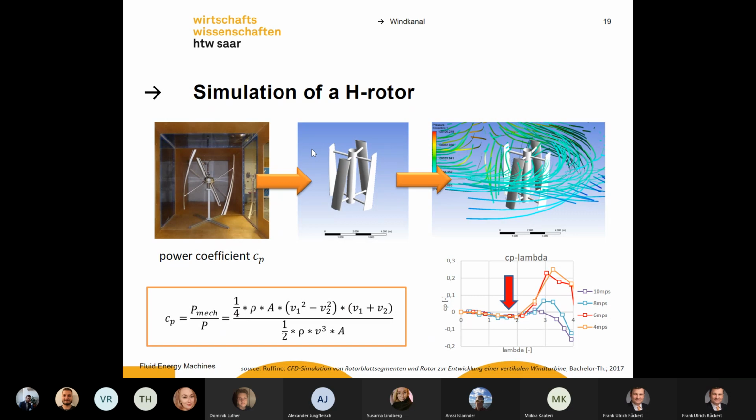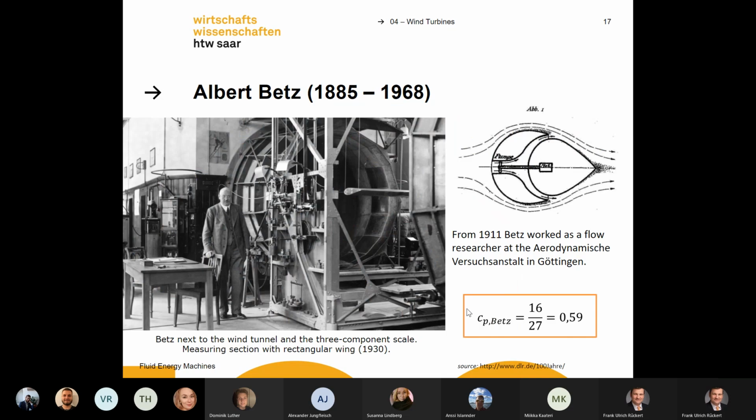We can do digital twins. We can build up a kind of digital model, and we can also make computational fluid dynamics simulations in this lab, and we can measure CP numbers. Please remember CP, maximum CP.